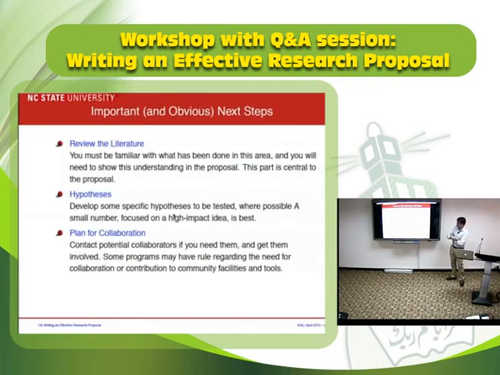So unless your proposal discusses the state of the art and shows how it will improve the state of the art, then you're starting off on the wrong foot, okay? So you have to convince the reviewers that you know what you're doing, okay? You know the work, and you know how to improve the work that has already been done. The second thing that's very critical is to formulate the hypothesis, okay?